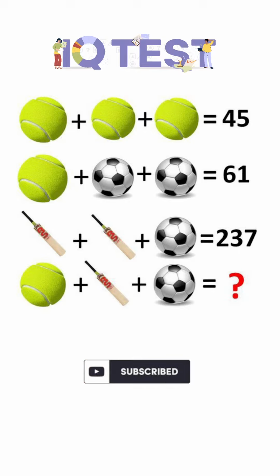So now we have the tennis. The tennis is 15. The ball is 23. Now let's look at the bat. So let's do it together.